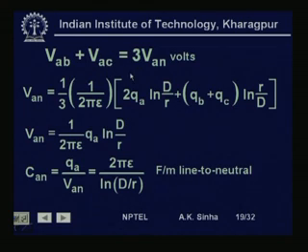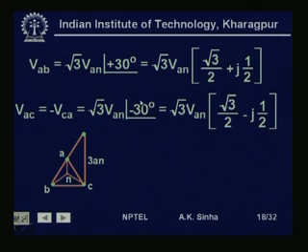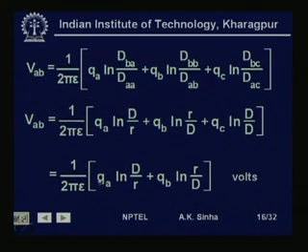So, substituting the values for VAB and VAC as we have calculated earlier, we will get this as 1/3 of 1 by twice pi epsilon into 2 times QA log n d by r plus QB plus QC log n r by d. That is, VAC is QA log n d by r plus QC log n r by d, and VAB is 1 by twice pi epsilon QA log n d by r plus QB log n r by d.